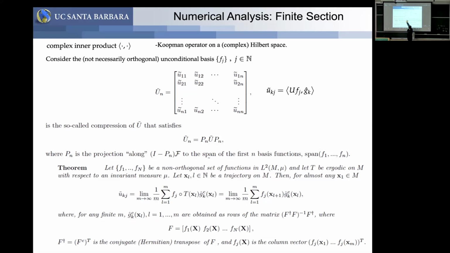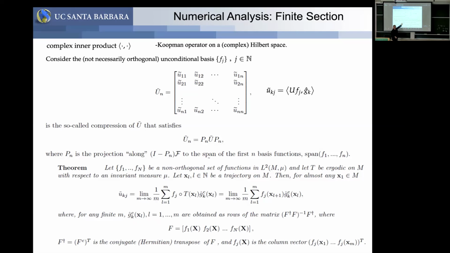Now let's construct a compression, which essentially corresponds to taking that matrix and cutting off an n by n part of it. And let's ask what the associated coefficients are. And let's work in L2. It's easy to show, and that goes back to Yanis, Williams, Rowley, that formulas like this hold.